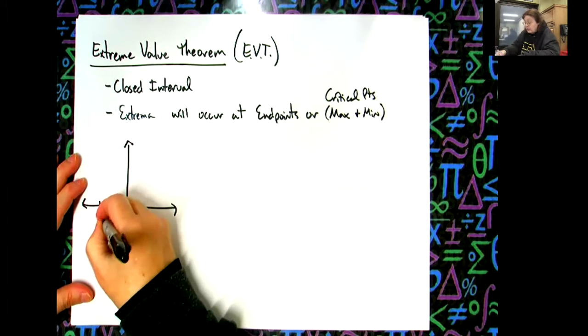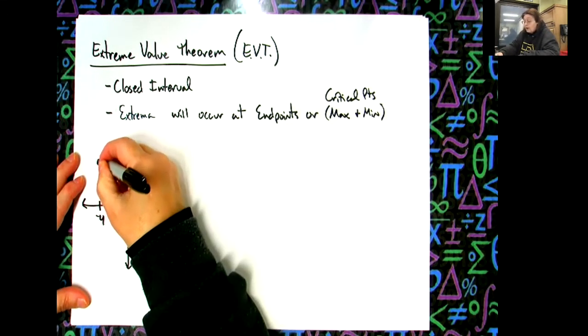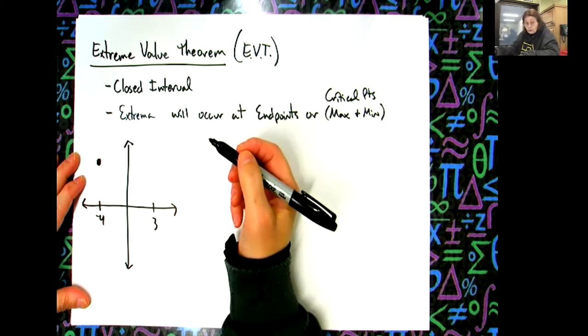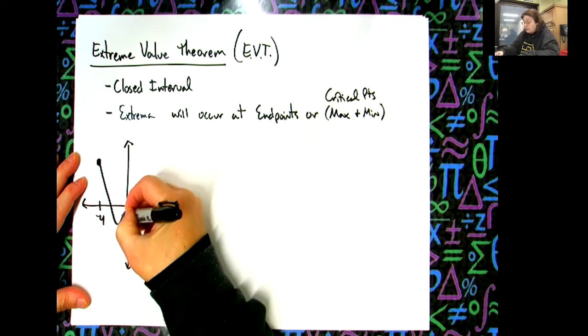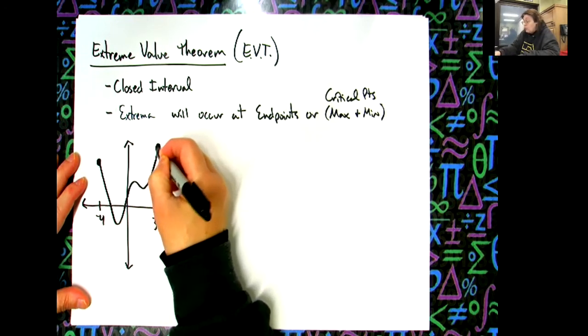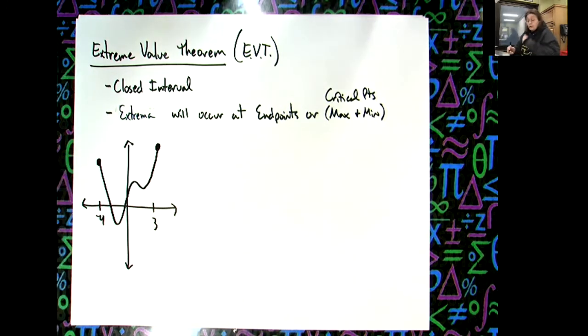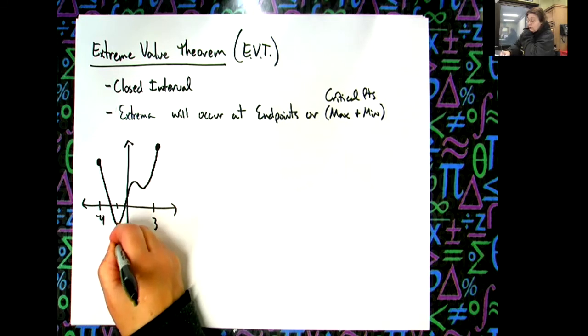Let's say this is -4. Let's say this is 3. And then let's say I have a closed interval. So closed dot. Let's come down here, and go up here. Now we have to label some of these points. Let's say this is -2.